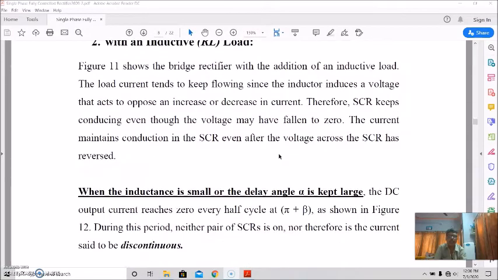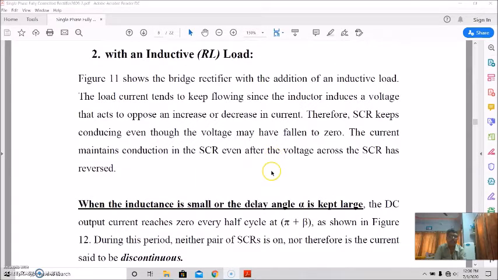During this discussion we will consider two types of inductance: one where the inductance value is very low, and another where the inductance value is very high.